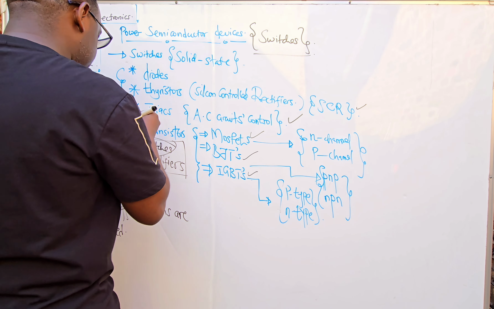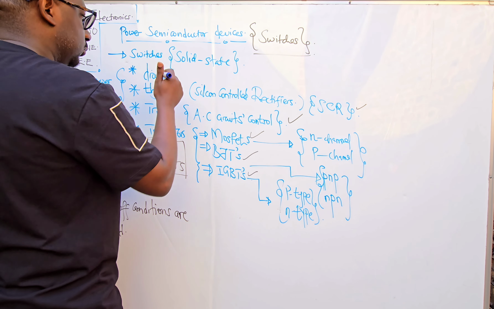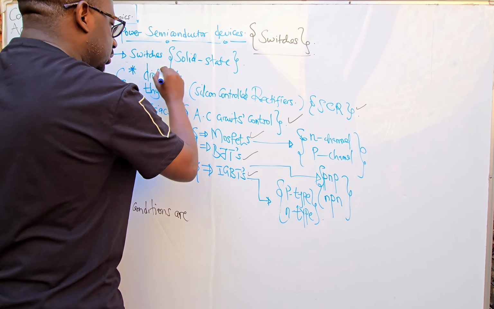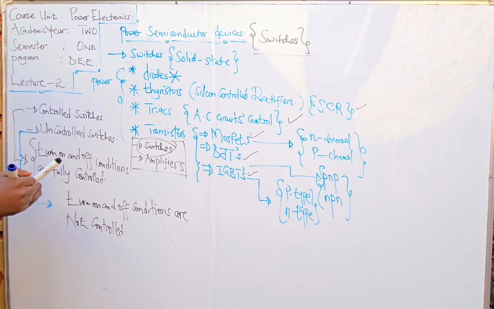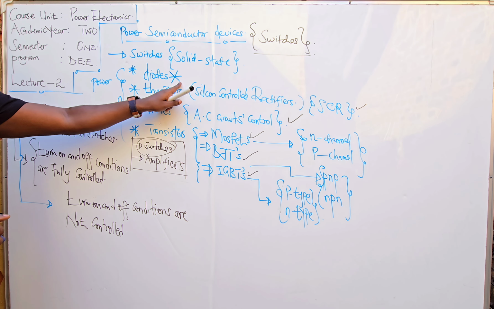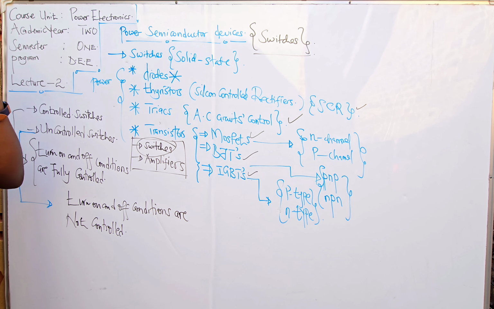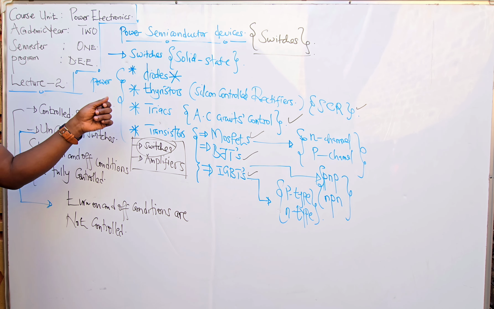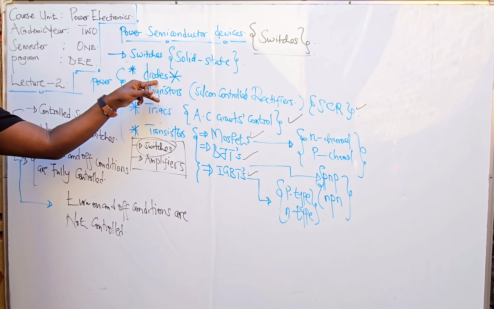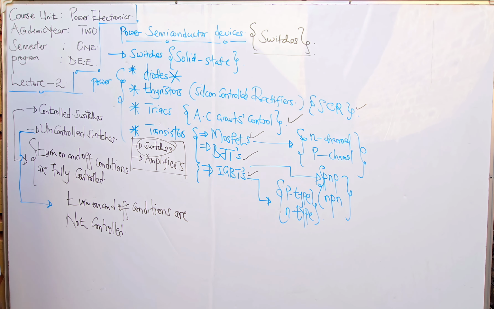We have one odd man out who is not a controlled switch. We will look at applications later on that completely exploit the feature of a device being uncontrolled versus controlled.